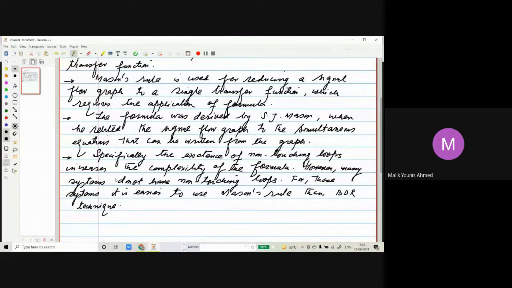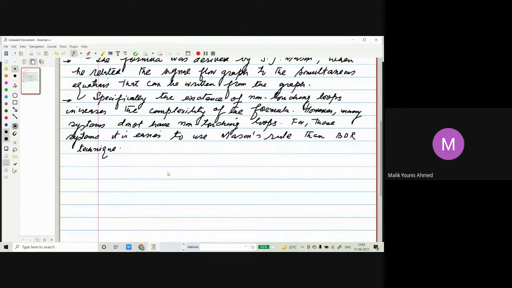So Mason's rule has several components that must be evaluated. First, we must understand the definitions.